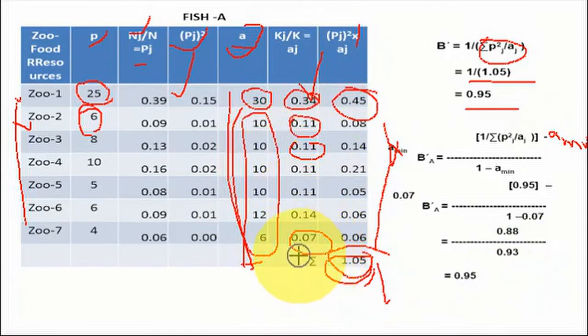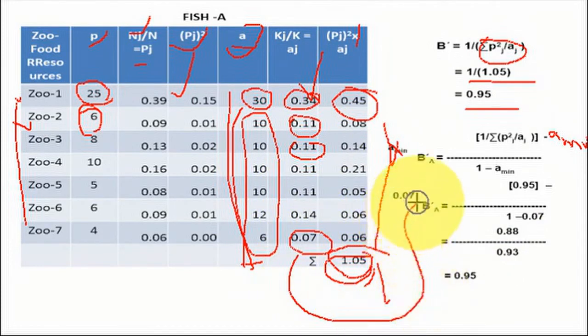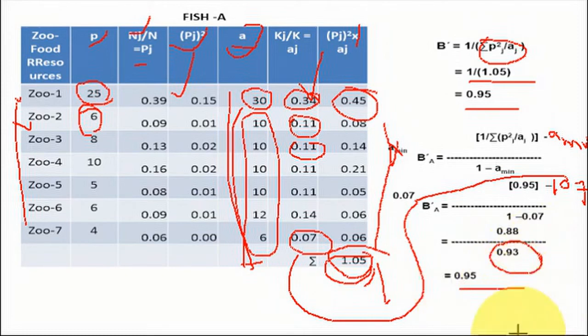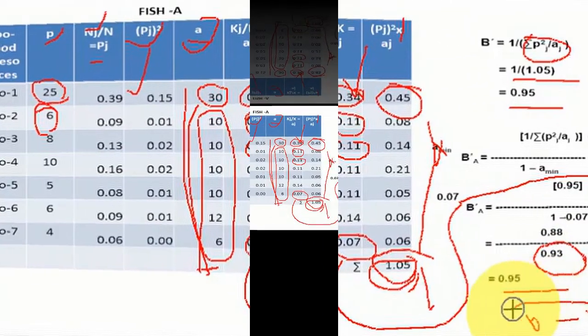So 0.07 is the a min. If you subtract it from here, it becomes 0.88 divided by 0.93. So the ratio comes to 0.95. So it is within 0 to 1, within this scale.